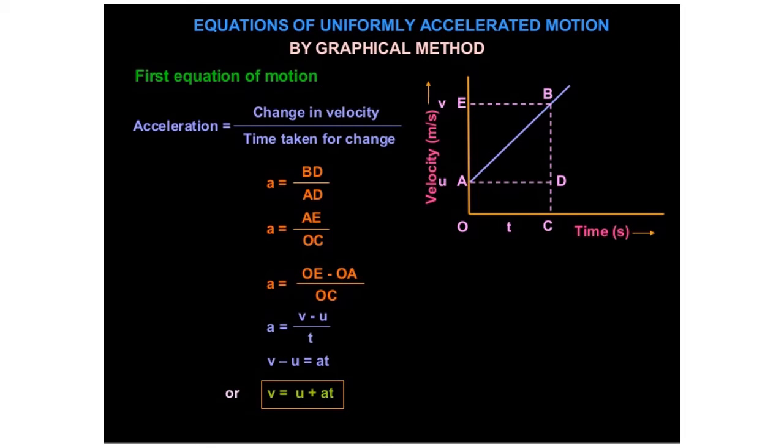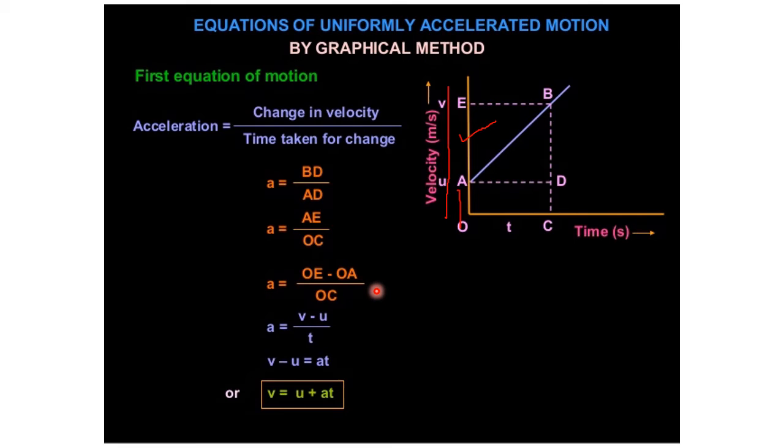That means from this whole part, if you subtract this part, you will get this part. OE minus OA will automatically give you AE. So this will be the answer. And for time, OC, they have written it as it is, OC.